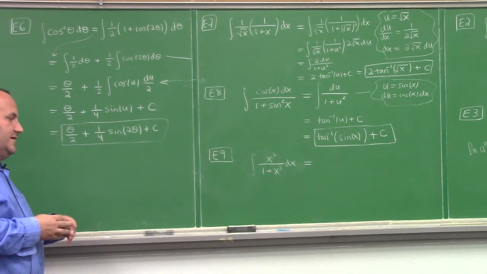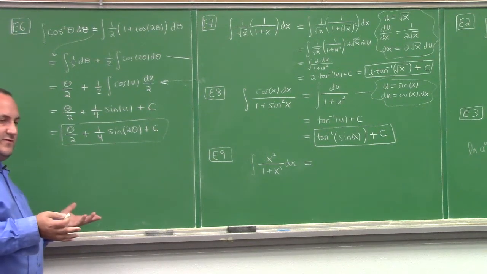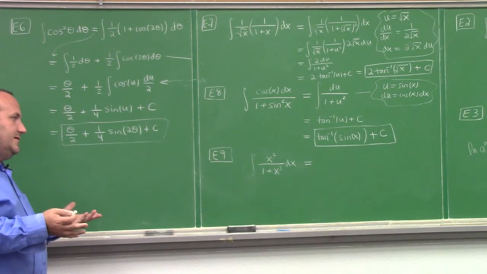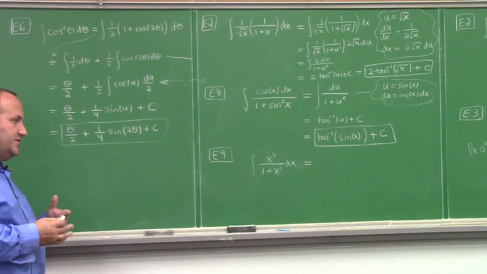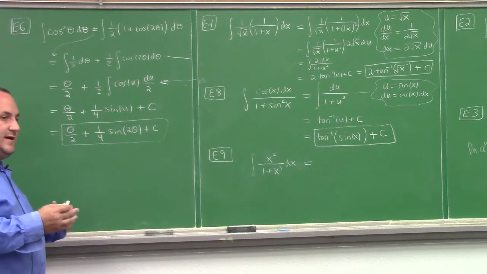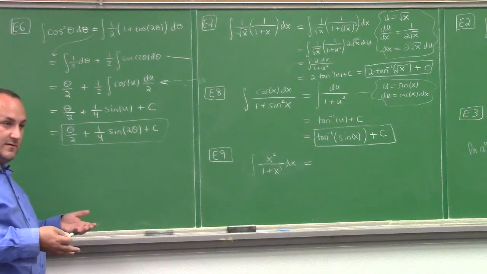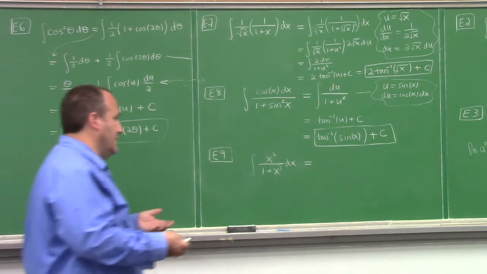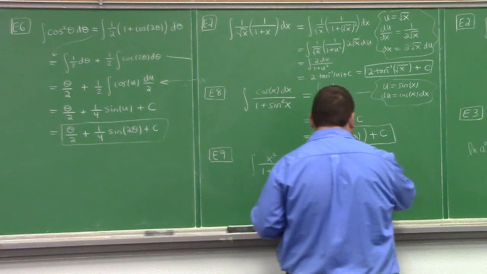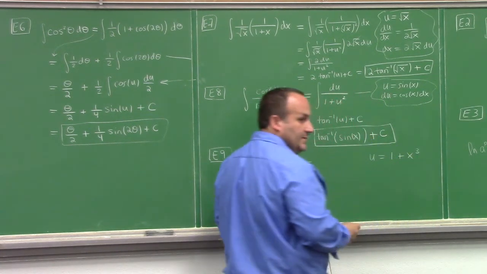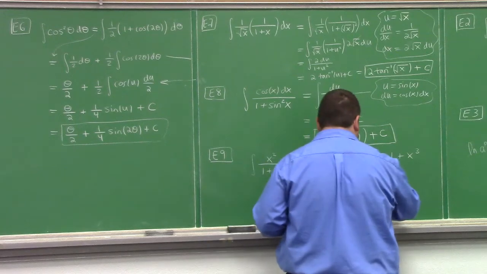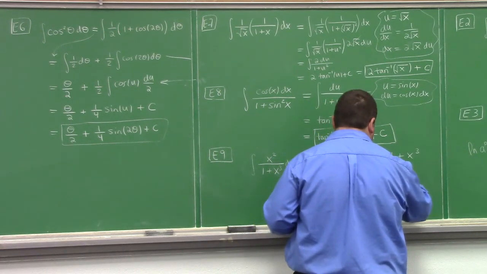So as a generic point of something to try, if I have a u-substitution problem, and I've got a slightly ugly denominator, a lot of times a good choice is to make the denominator the u. Oftentimes this is helpful. So I will try u equals 1 plus x cubed. Then du is 3x squared dx.